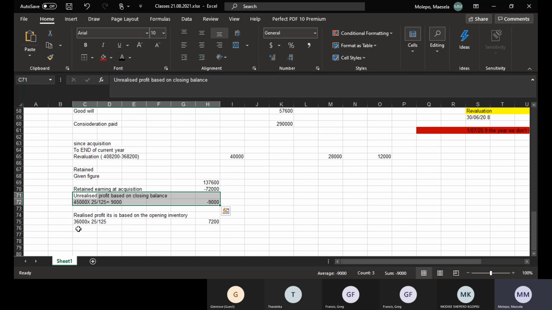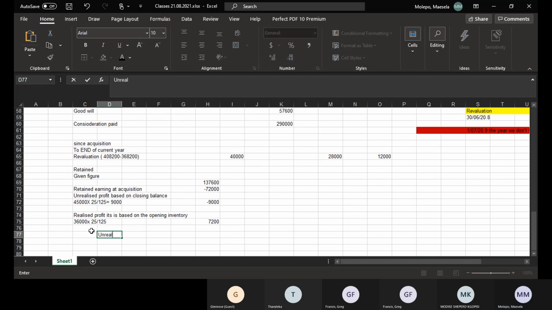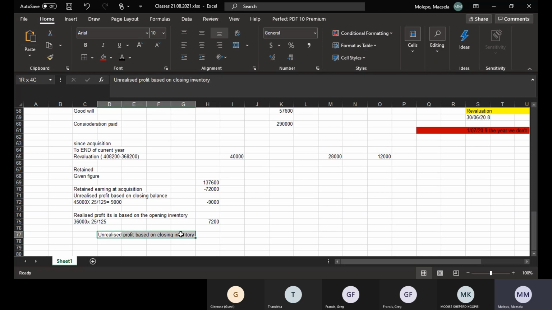So now you have to show it here, because it affected as a minus at that time, but now it's going to affect as a plus in the current year. This was the unrealized profit based on the closing inventory on 30 June 2007.